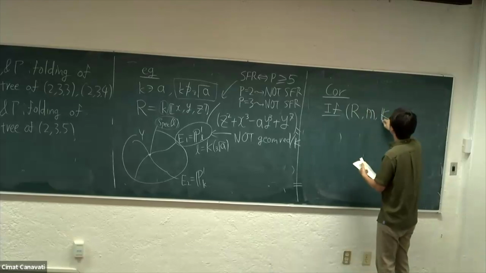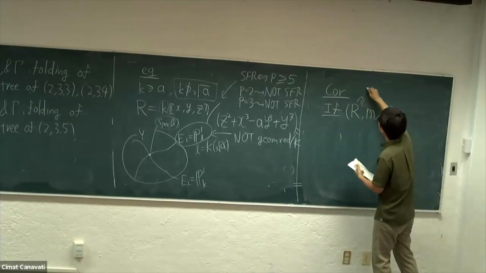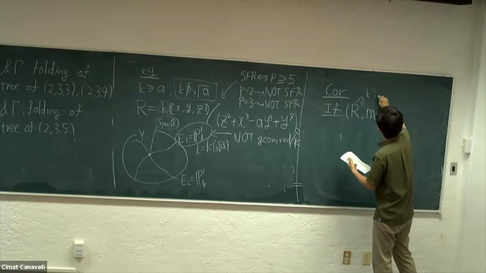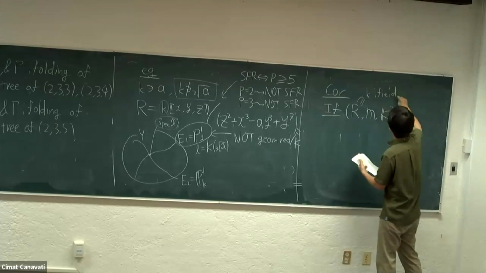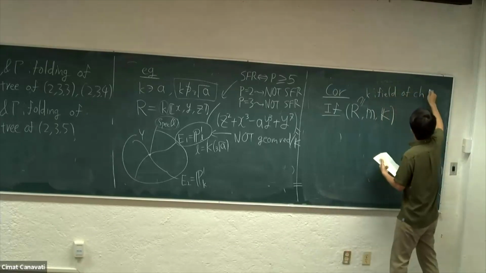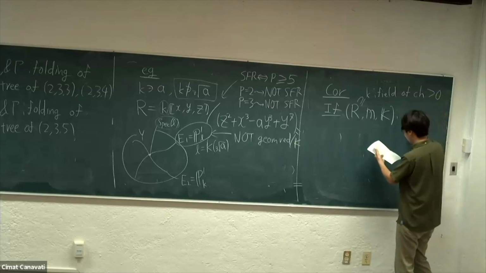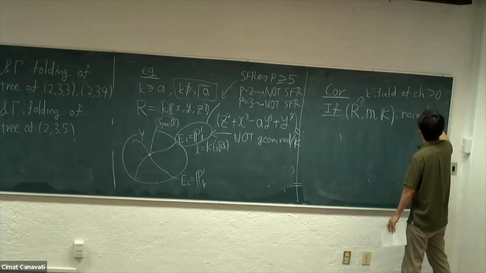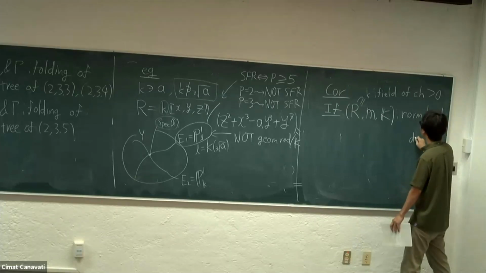Let's assume R is a ring containing some field of positive characteristic, and this is normal, excellent, and the dimension is 2.